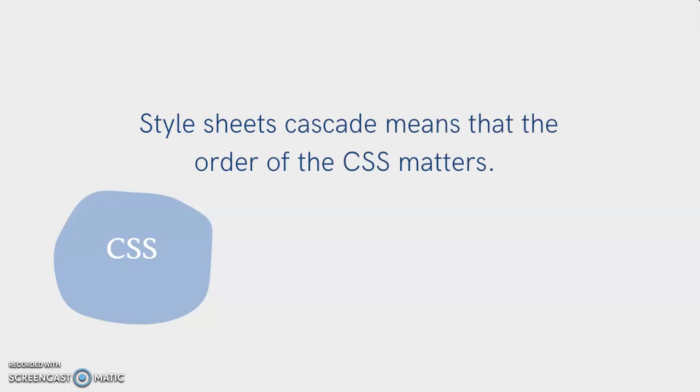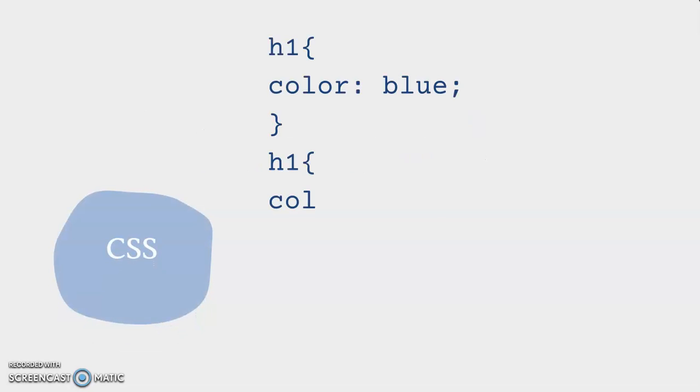Style sheets cascade means the order of the CSS really matters. For example, the last rule used is always the most important, except when it's not, but we're just going to talk about the last rule used. So, for example, in this case, we have two declarations.